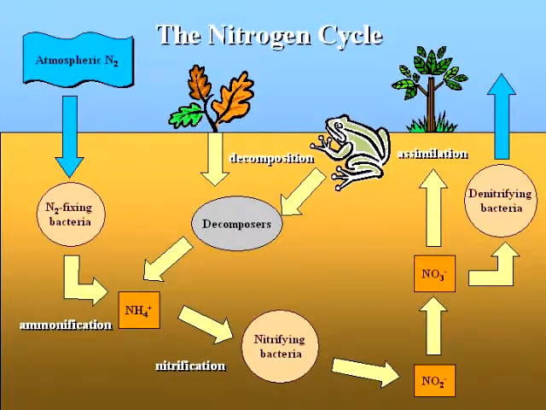And so this then can also enter the cycle where they can be acted upon by nitrifying bacteria. There is still one other group of bacteria, however, referred to as denitrifying bacteria, the ones that break down things like nitrates and return nitrogen back to the atmosphere, completing, therefore, the cycle.